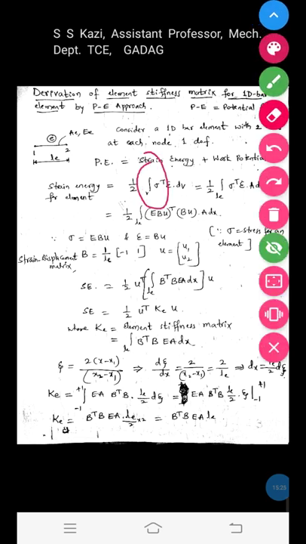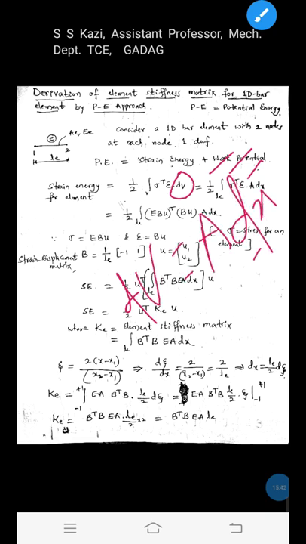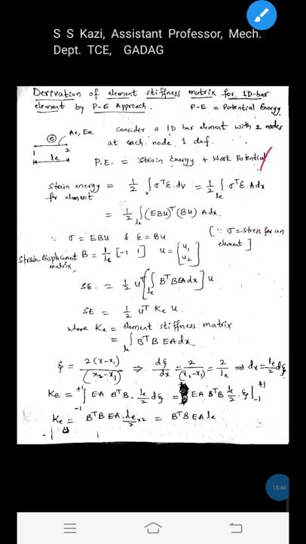Integrating over all the elements, we get the total strain energy of the entire body. Now dV can be written as the area of the element into dx, the small elemental portion which we have considered.